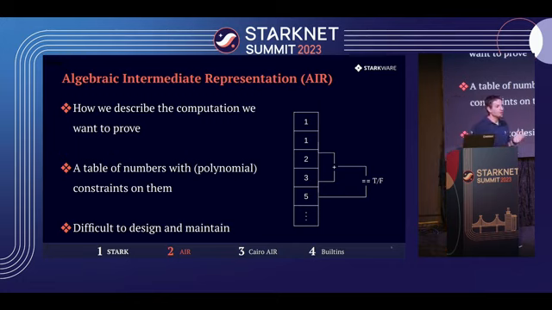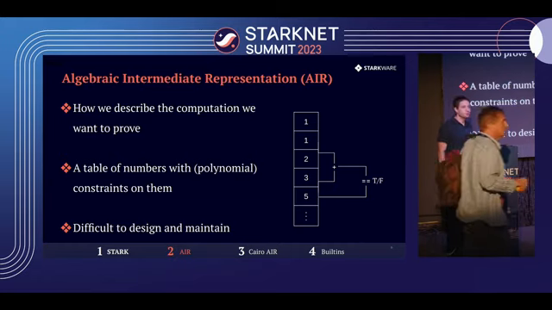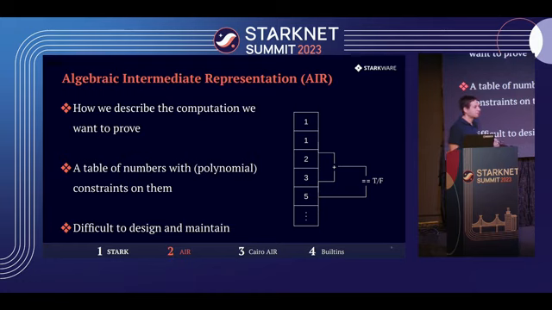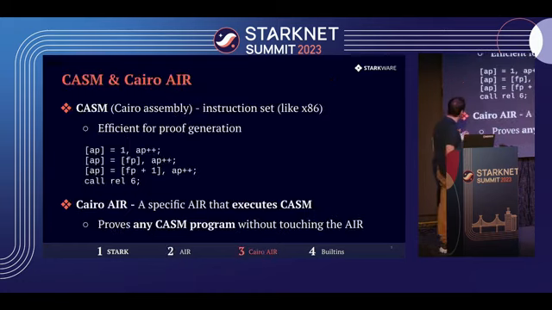In addition to the fact that it's not easy to design, it's also not easy to maintain them and to audit them. Ideally, we would want to be able to describe the computation we want to prove using code instead of a list of polynomial equations. And this is why we have Cairo.